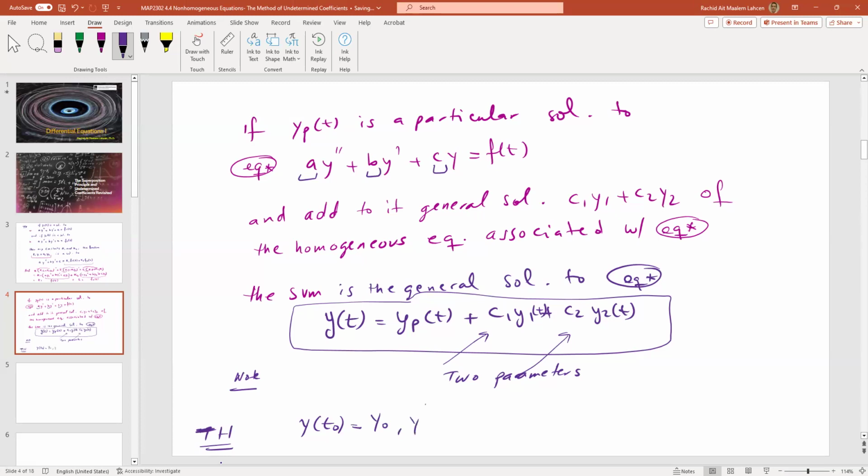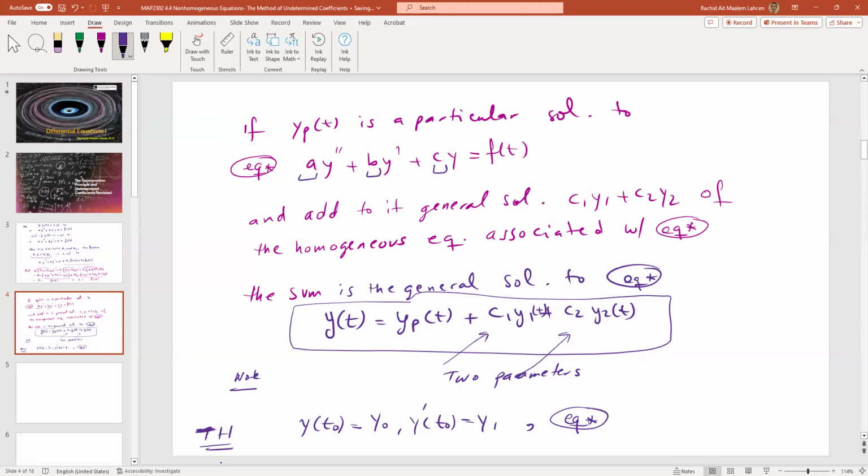And the other initial condition, y prime of this small t naught here equals y1. So if I have this, and of course I have this equation star here, then this theorem, I'll summarize it for you.